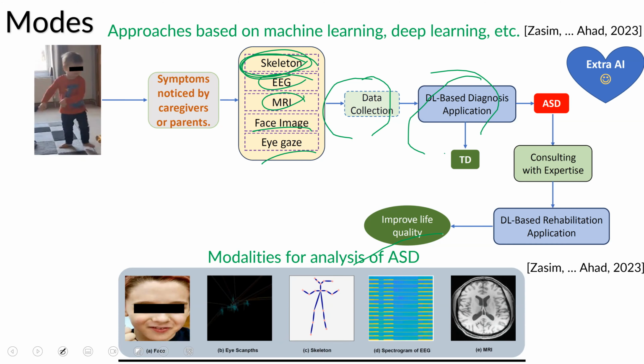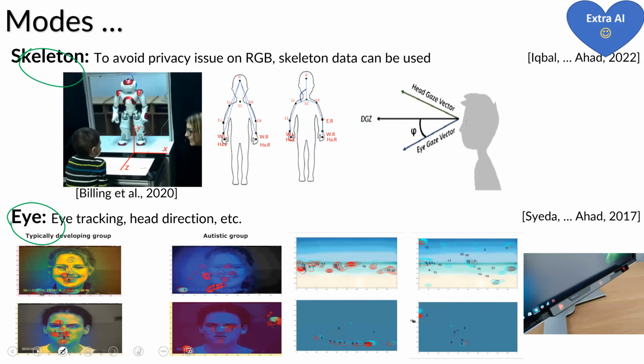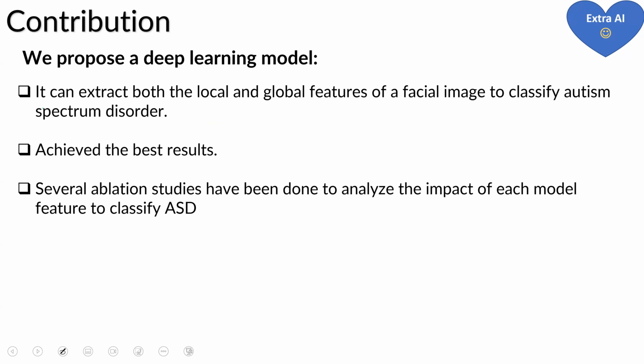If you're interested, you can read it. Otherwise, just quickly pass through. So there are different modalities for analysis of autism. I mentioned skeleton can be done, eye can be used. Here, some of our works are mentioned. Facial images can be used. So forget about this kind of difficult methods.